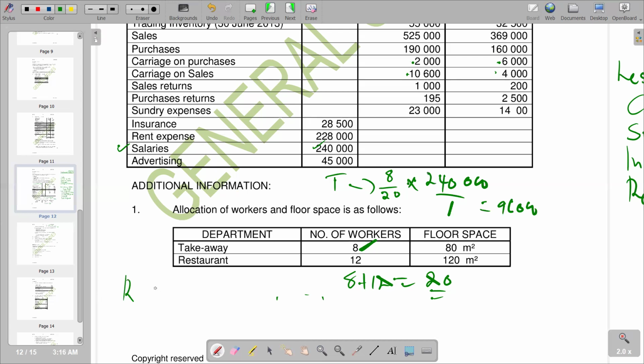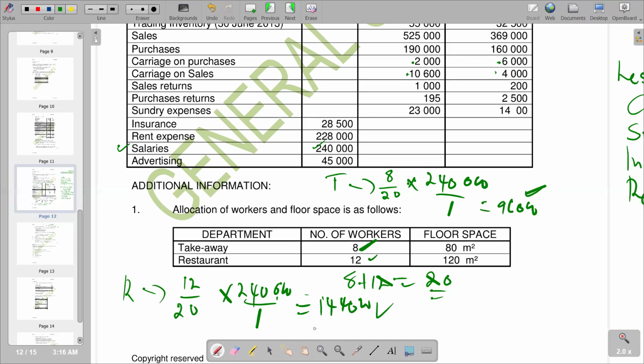Then for restaurants, we are going to say restaurant is Cody. So we are going to say Cody over your 20, and then you multiply by 240,000. That's number one. And then the answer that you're going to get is 144,000. So these are the two figures that are going to the income statement, 96,000 and 144,000.